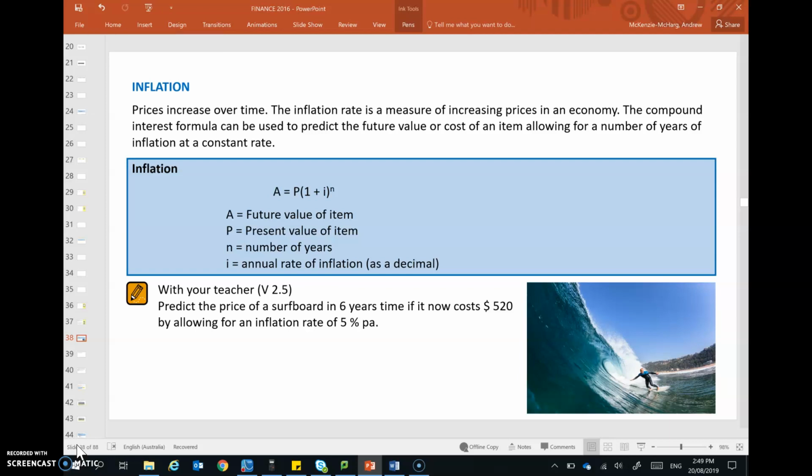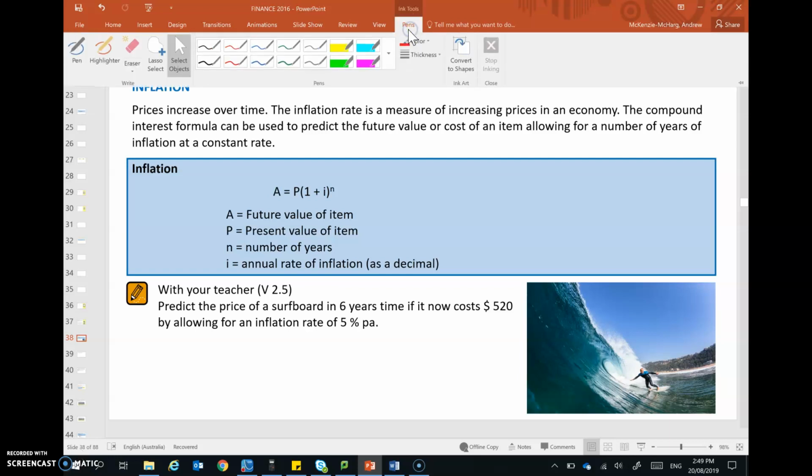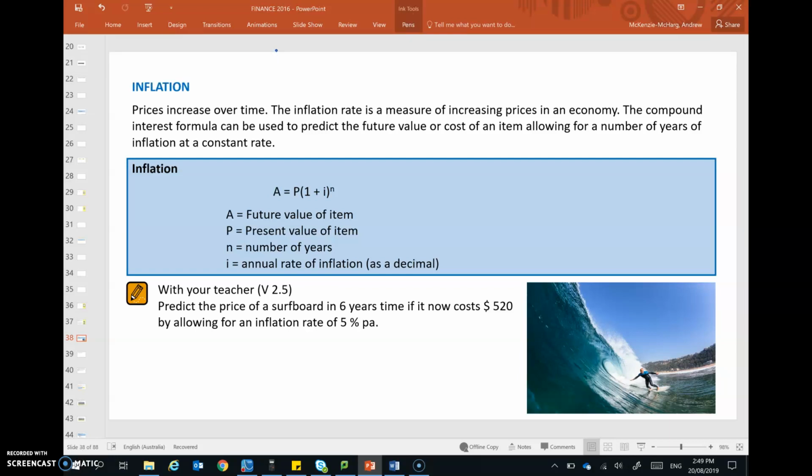They tend to be quite simple versions of the compound interest formula where we don't even have to adjust I and N. So for this one, we're simply going to put that original cost, the $520, as the principal, and we take that rate of inflation, 0.05, because it's 5% converted to a decimal, and then the number of years is our power.